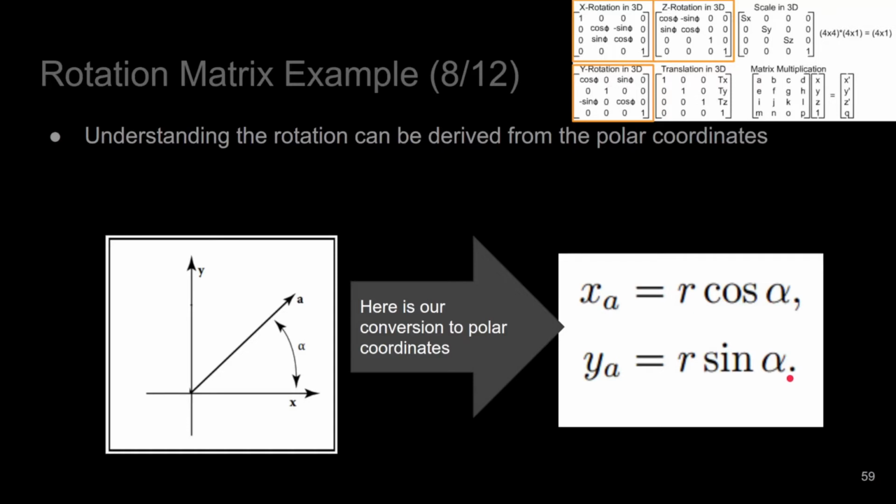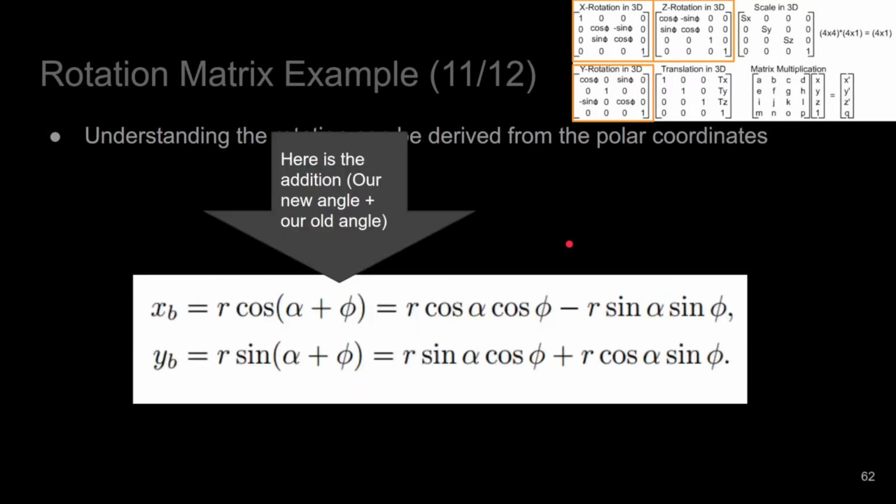Okay, and we have a new angle here because we had this angle A and we added something to it. So we'll have to resolve cosine of angle plus a new thing to figure out where we are. Okay, so it looks something like this. Here was our point. Here's our conversion on the polar coordinate system to do the rotation. Our old angle plus the new angle that we want to rotate, and then we get this here, okay?